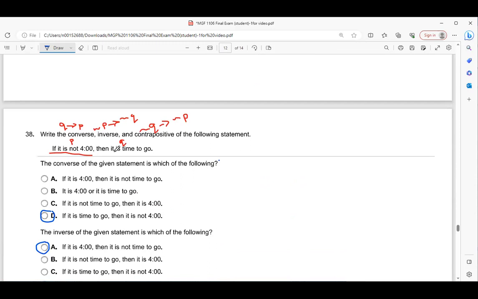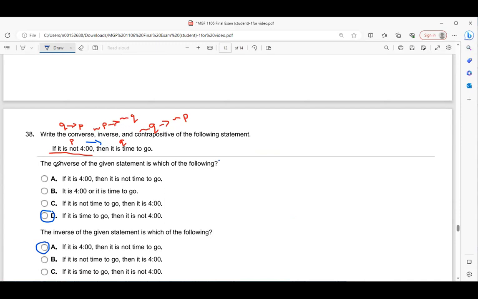For 38, write the converse, inverse, and contrapositive. Converse of a regular statement, which will be written in this order. If then form, our P, then Q. So if it is not 4 o'clock, then it is time to go. The converse would be for us to reverse that order. The inverse would be for us to reverse that order using not.